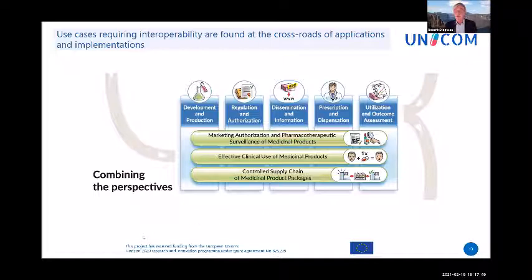Where do I use the data elements that are prescribed in a normative way by the IDMP set of standards? So that's the combination of perspectives of the high-level processes, the application domain fields, and the implementation domains. And that's where all the questions come from.